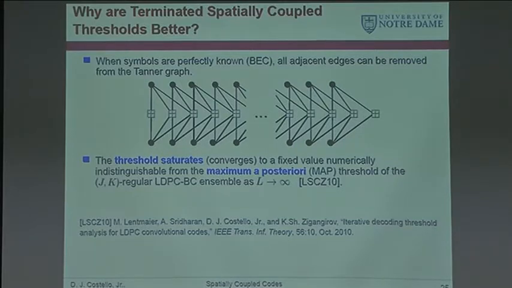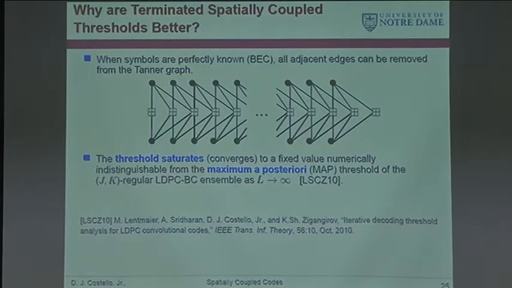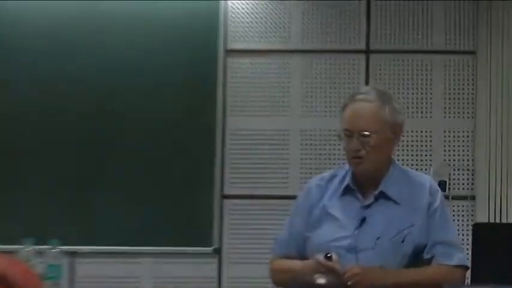And there is quite a difference between the two. With BP decoding of the block codes, you're limited to getting the BP threshold. If you make the ensembles denser, there's a bigger gap. The MAP thresholds get better with density, but the BP thresholds get worse.